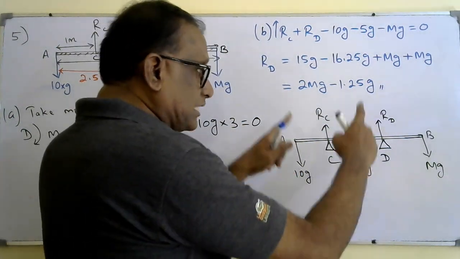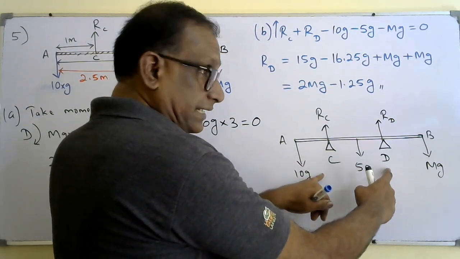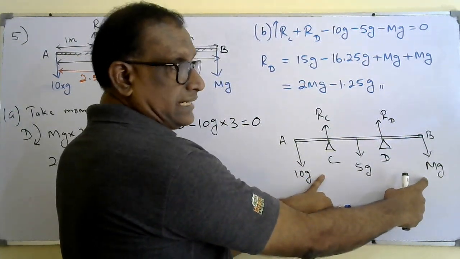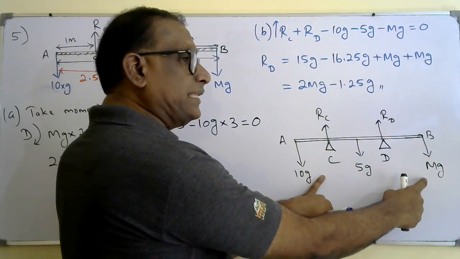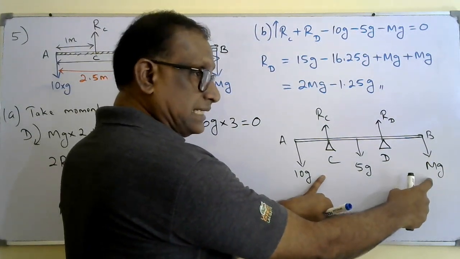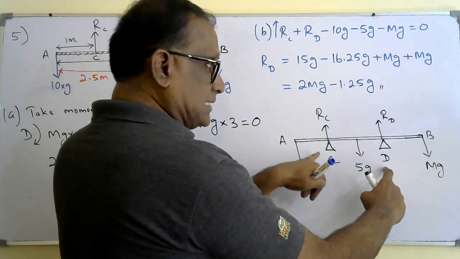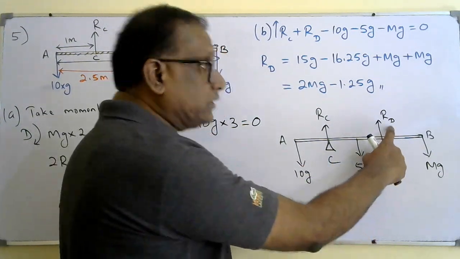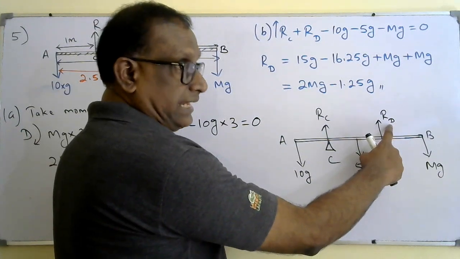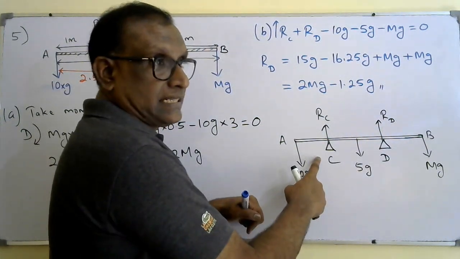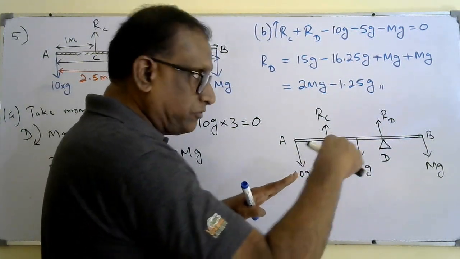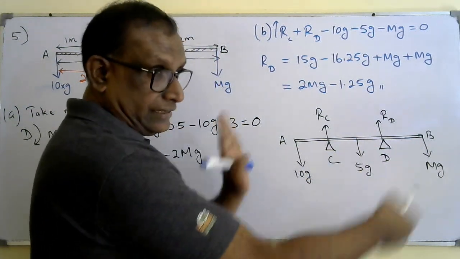That means it should always be in contact with C and D, even when you increase mg. So what could be the maximum value of mg such that the rod is still in contact with C? When you increase the mg, it won't lose contact with D, it will lose contact with C first. Then from that moment, if you increase the mg slightly more, it will topple.